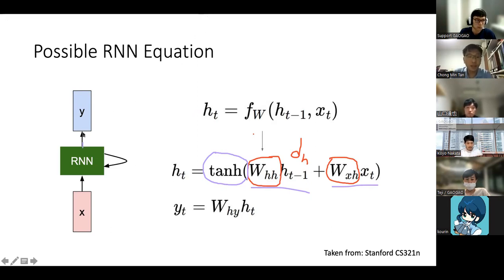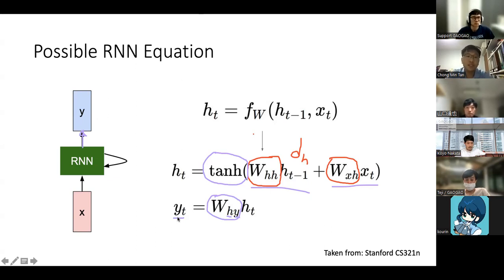If there's an output at that particular time step, the output is based on a weight matrix that maps dimension h to dimension y. Dimension y is the output layer dimension. So this is the weight matrix that maps the hidden state at the current time step t to the output.